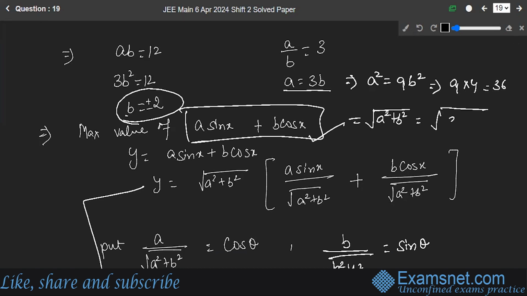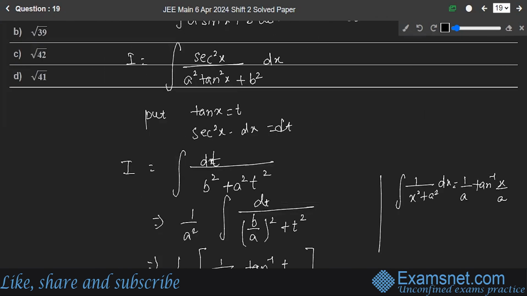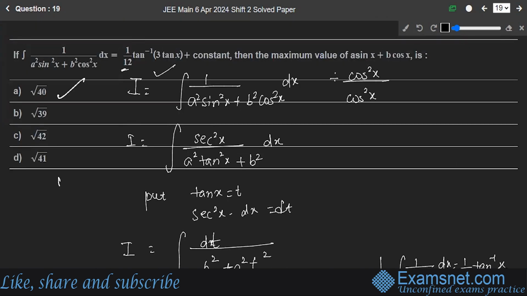So this is equal to root of 36 plus 4, that is root of 40. This is the answer. Maximum value of a sin x plus b cos x is equal to root of 40. We just solved it. So you have first option as the correct answer.